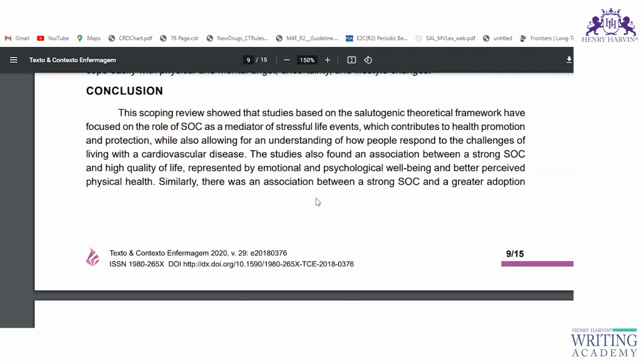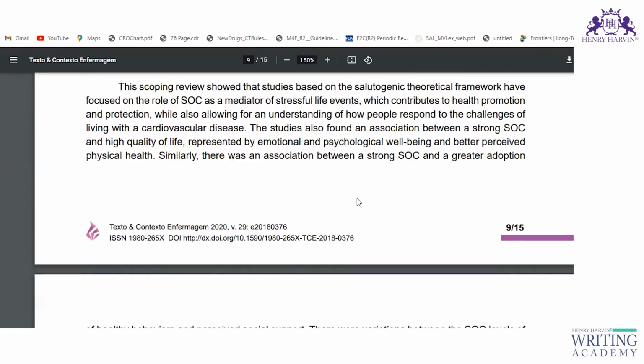So most probably you will be writing the final conclusion of your review in the last 1 or 2 paragraphs. Otherwise, if it is stated that you have to write a separate conclusion section, then in that case your conclusion section is separate. In 1 or 2 paragraphs you explain your opinion, or if this is a scoping review, then you have to write what is actually the scope of this review.